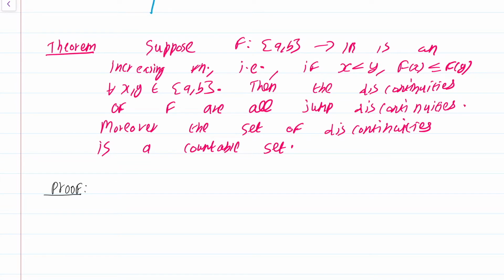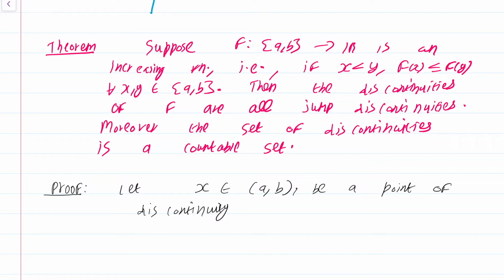Now let x be a point of discontinuity. Now, since I have defined discontinuities only for open intervals, what I am going to do is, for ultra precision, I am going to restrict f to the open interval (a, b). Okay.